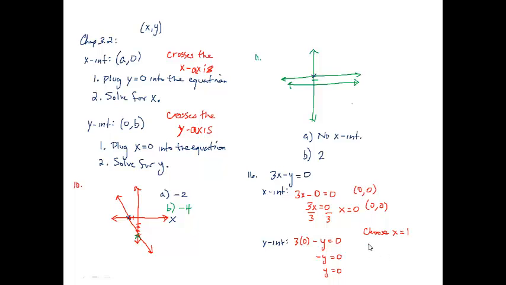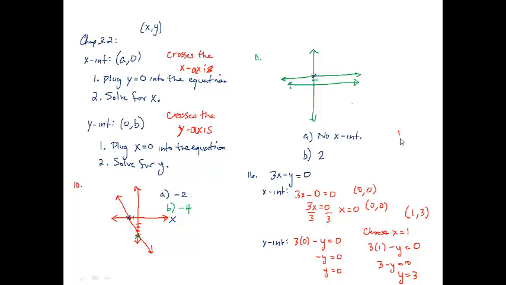And what we're going to do is solve for y. So 3 times 1 minus y equals 0. Remember, everywhere you see an x, you make it a 1 and solve for y. So I have 3 minus y equals 0, which means y equals 3. So now I have the point 1, 3.